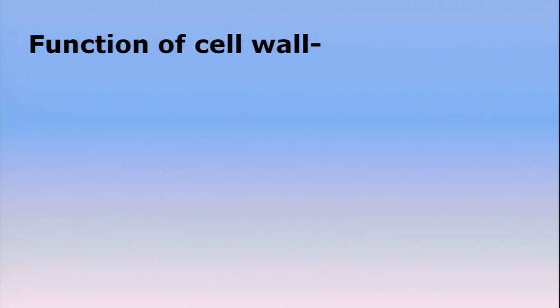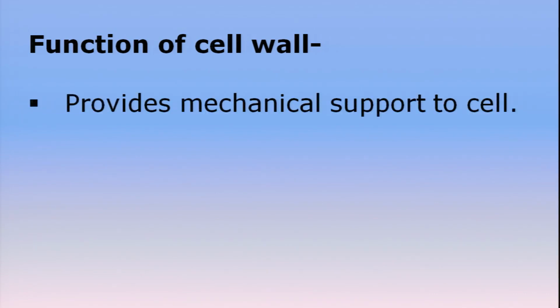Now, what are the functions of cell wall? First function, cell wall provides mechanical support to cell. Can you say why cell wall is present in plant cells, it is not present in animal cells? You see, plants grow at a particular place and they cannot move from one place to another.